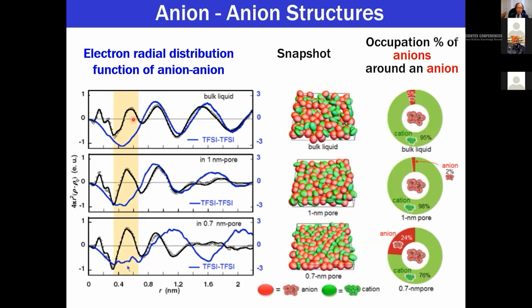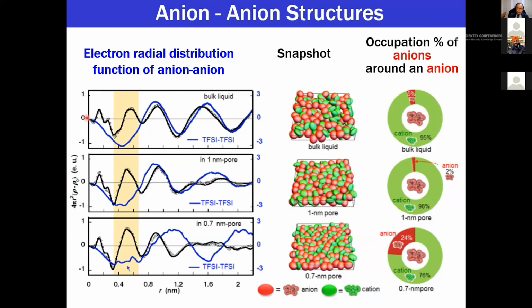Black shows the total electron radial distribution function. Blue shows the anion electron radial distribution function. This one is the bulk liquid case. In the bulk liquid case, the anion electron radial distribution function has a negative peak around the anion.